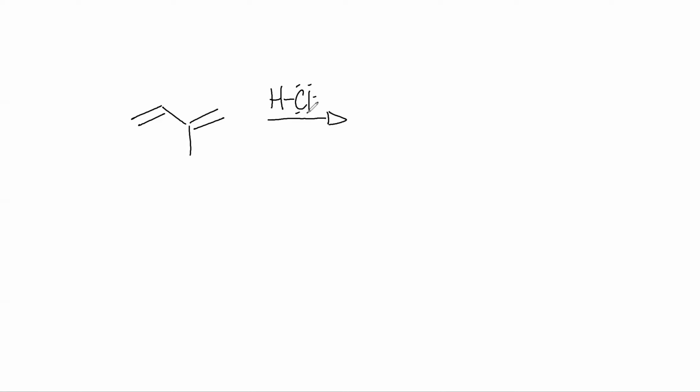How many different products could we get? This one's slightly different because it's not symmetrical. Does that matter? We will soon find out. Okay, so let's do an analysis here. So the rich get richer. I'm going to start on this end of the molecule. So there is one little nuance here, is that there's two ends. And so our intermediate would look like this.